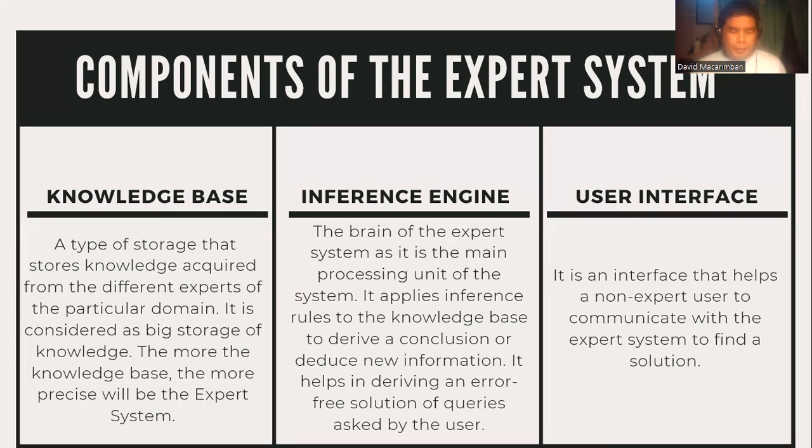So domain specifies the sphere of activity or knowledge, like how the internet is structured. While that of inference engine, it's the brain of the expert system as it is the main processing unit of the system. Then user interface, this is the method by which the expert system interacts with a user.